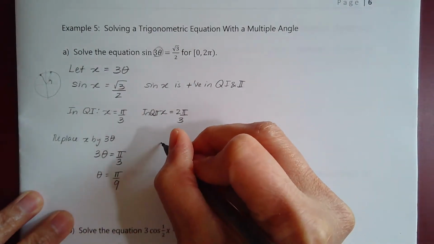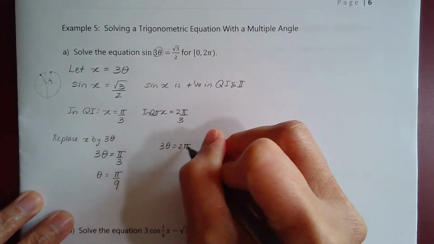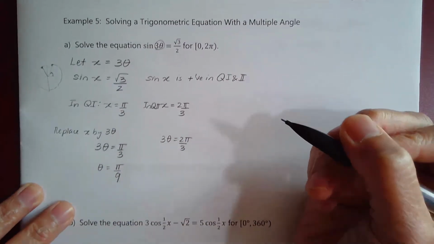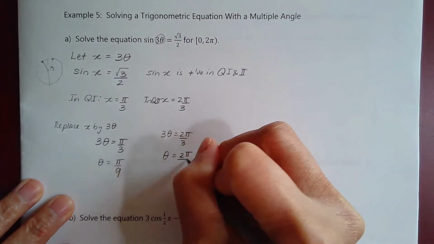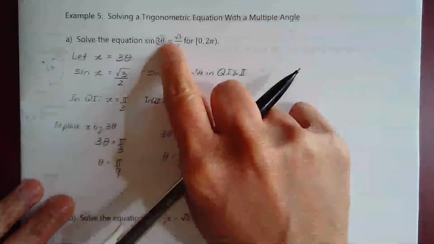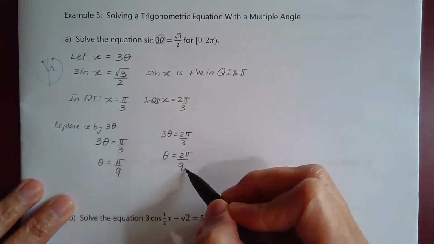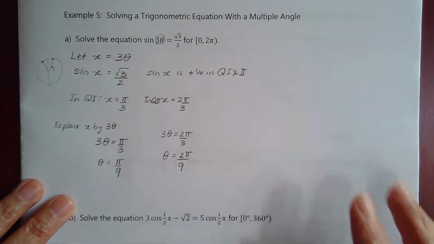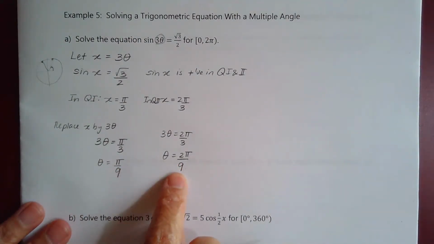So it's going to look like this. 3 theta is equal to 2 pi by 3. And then divide both sides of the equation by 3. So theta is equal to 2 pi by 9. So now, because it's 3 theta, theta is pi by 9, and the other one is 2 pi by 9. These are the two solutions.